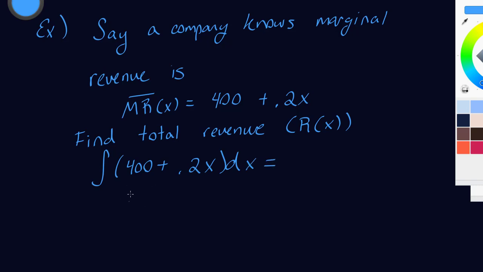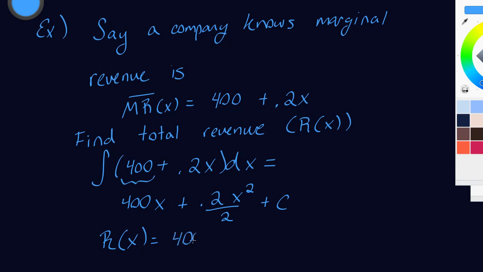So if we take the antiderivative, anytime I take the antiderivative of a constant, it's just going to be that constant times x plus 0.2x squared divided by 2 plus c. So our revenue function would be 400x plus 0.2x squared divided by 2 plus some constant c.